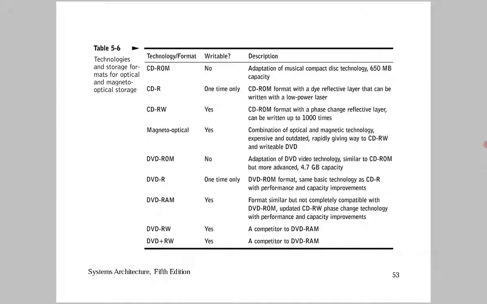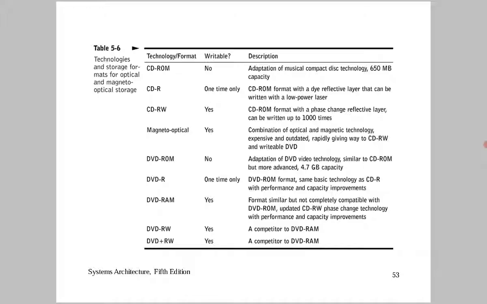There are a variety of devices used. They may use various technologies, storage formats and storage materials for optical and magnetic storage. Basically, two types of technologies are used: magnetic materials and optical storage devices.